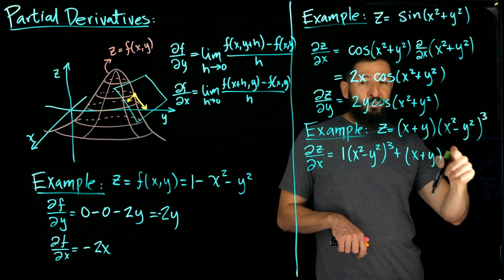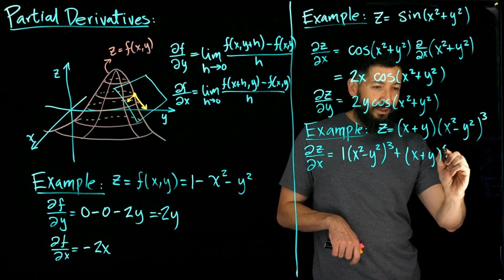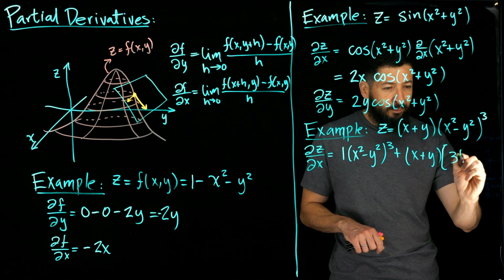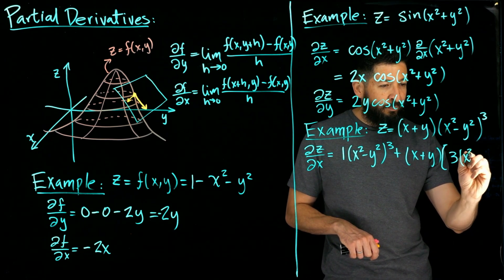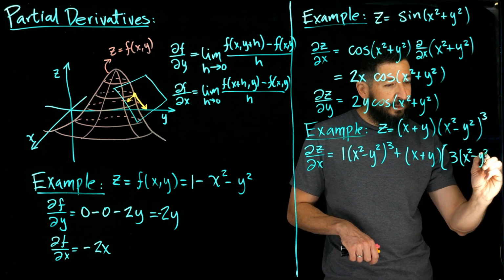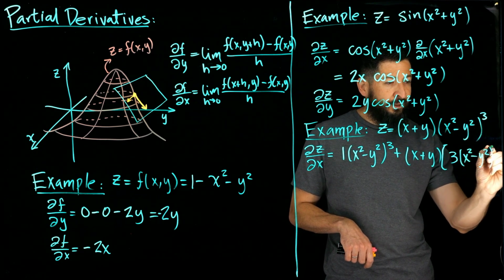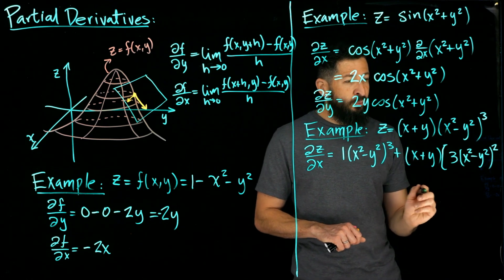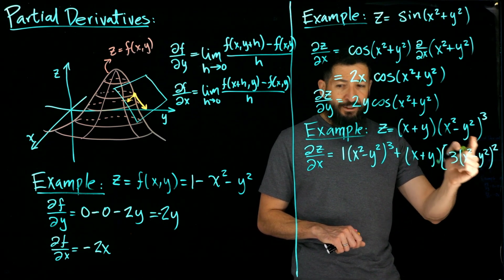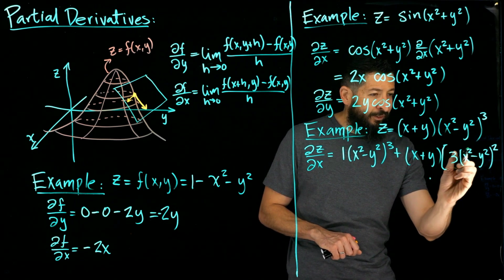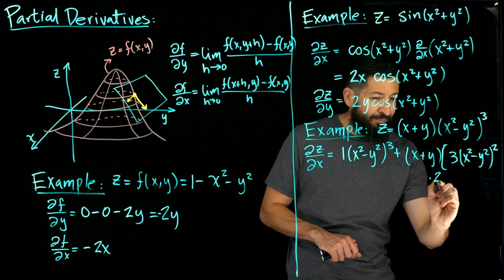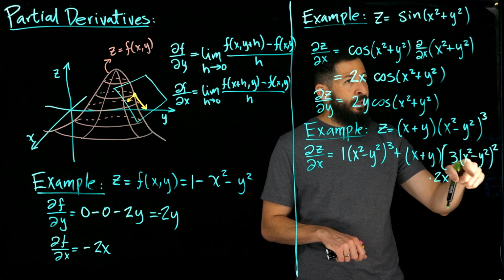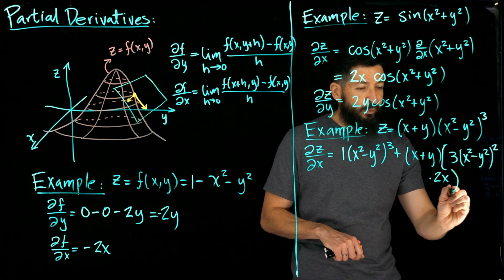So derivative of this one with respect to x. So I'm going to drop a 3. Copy the inside. And then subtract 1. So 2, times the derivative of the inside with respect to x. So with respect to x, the derivative there is going to be just 2x. And then derivative of y with respect to x is 0, so you close your parentheses there.